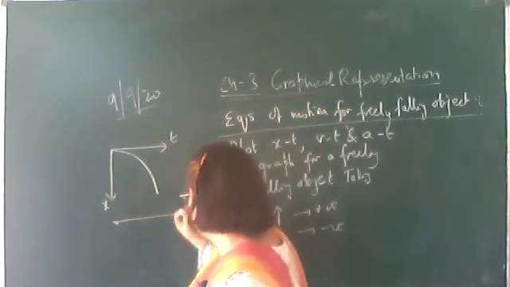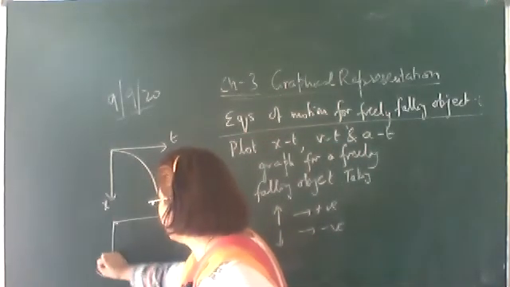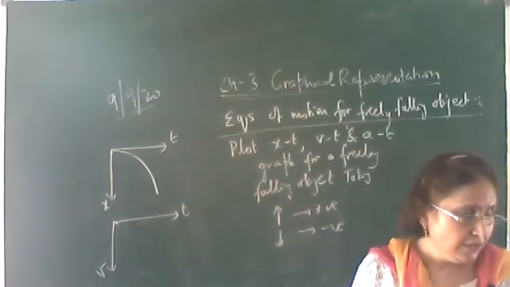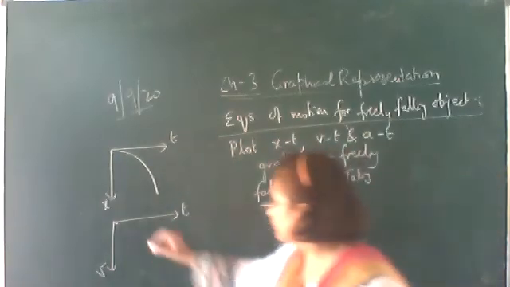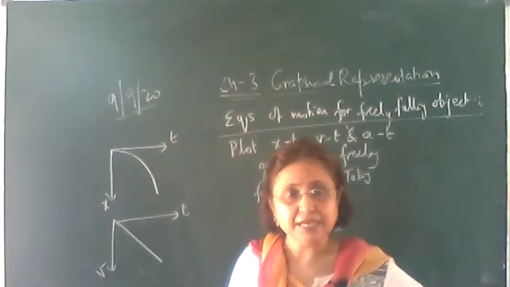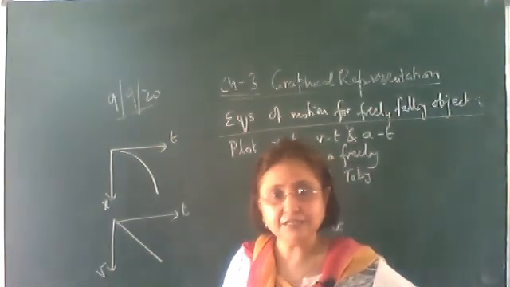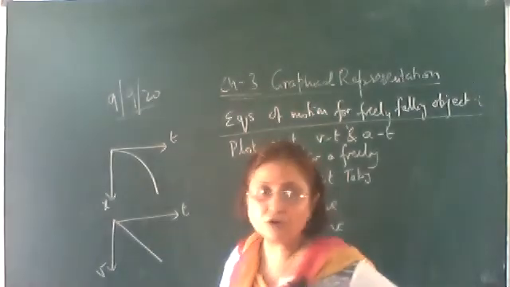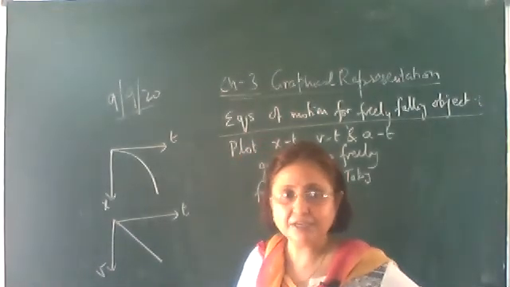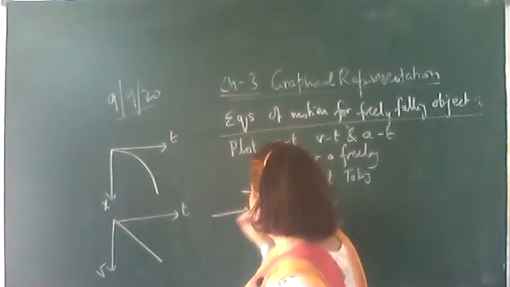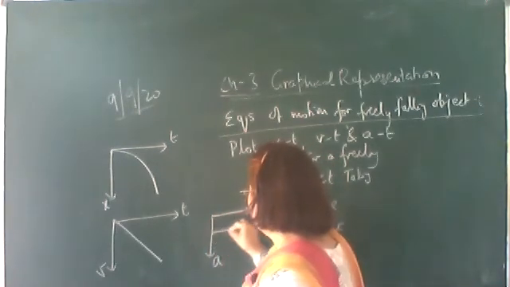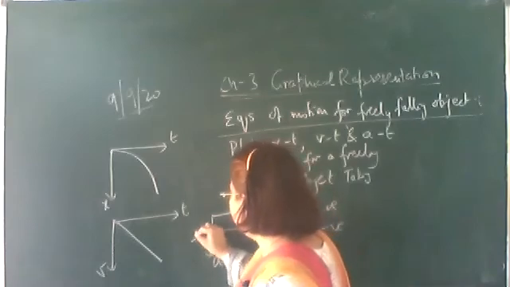Vt graph: again the motion is in the downward direction, so you will take the negative v axis. The acceleration will be taken as negative because it is acting in the downward direction, and it will be constant. For uniformly accelerated motion, we know that the vt graph is a straight line having a constant slope. Whereas the acceleration time graph is constant, and how much is it?